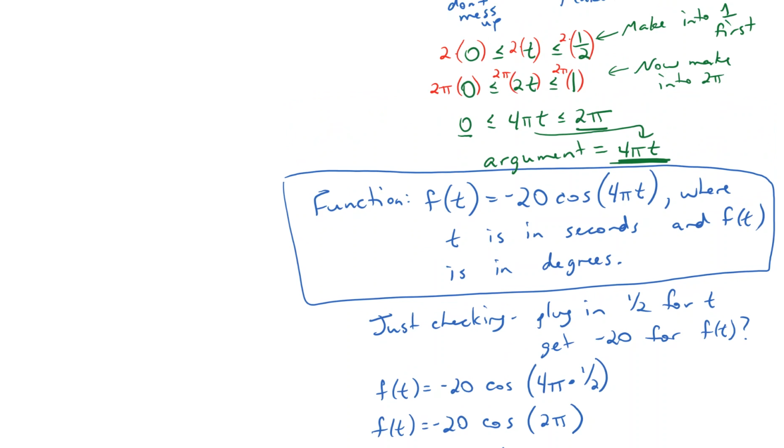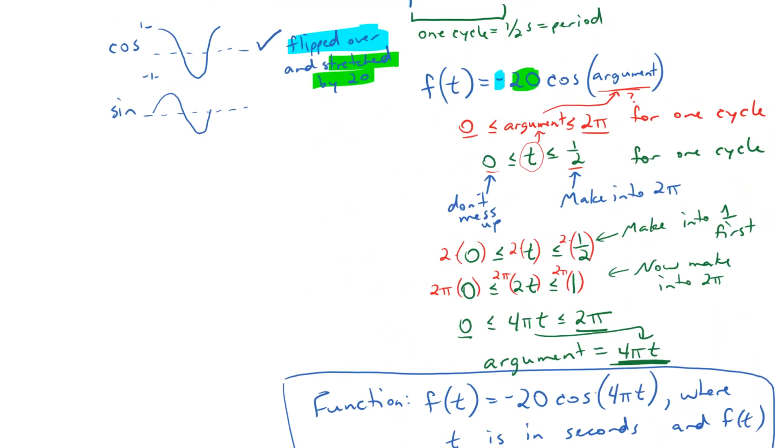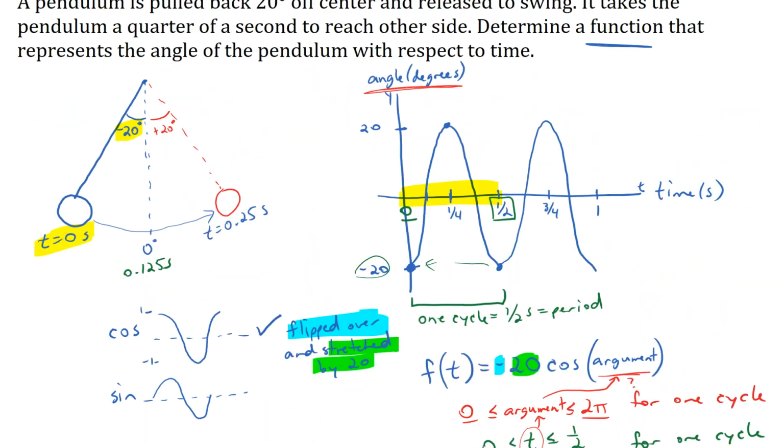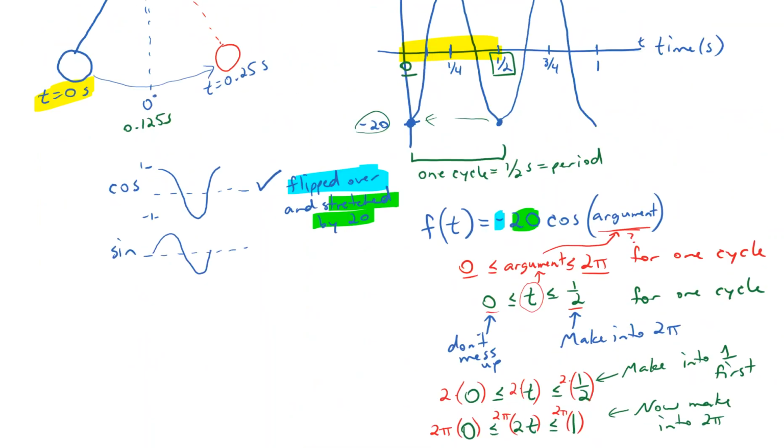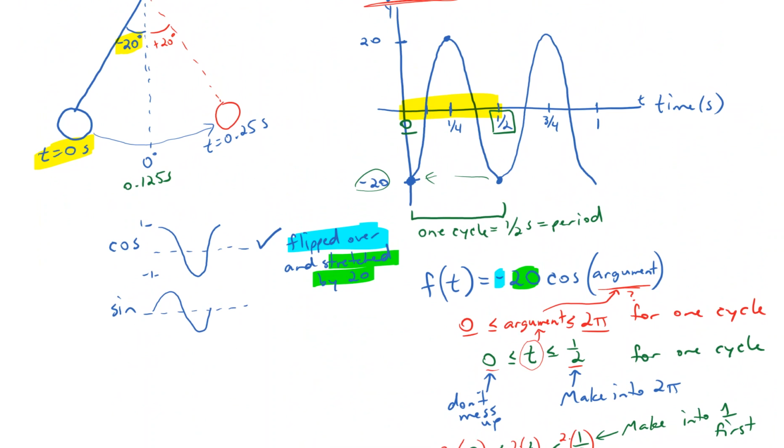So you can see this function will tell us the position of the pendulum at any moment in time. The key here, sorry for scrolling so much, is taking what you know about one cycle, and that's going to tell you your range for your t values.